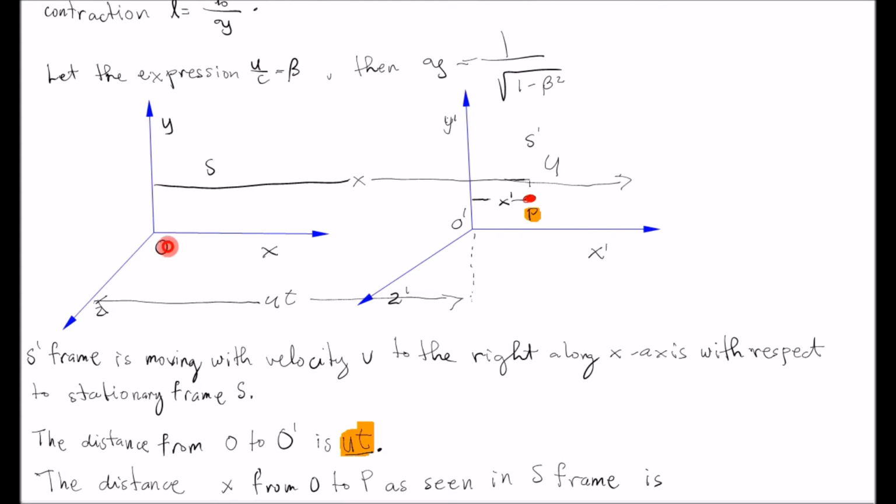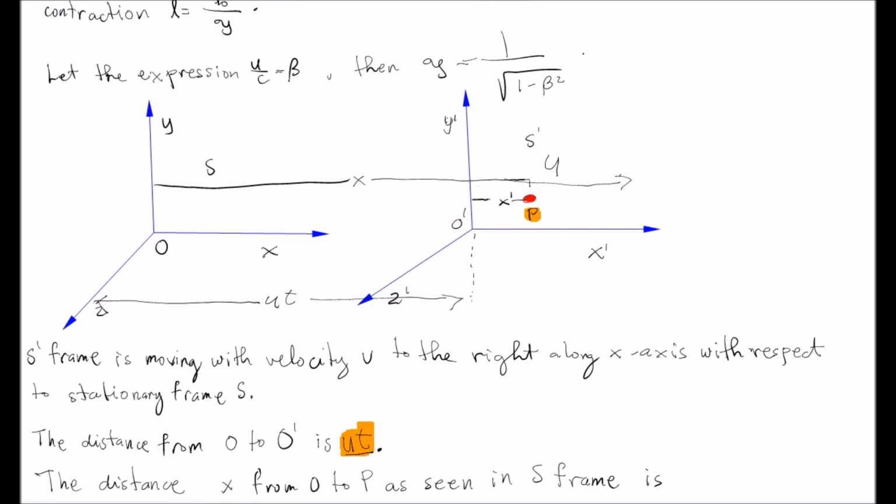So the S prime frame will move at the constant speed u to the right, along the x-axis with respect to the stationary frame, or S frame. The distance from the origin of the S frame, the rest frame, to the origin of the moving frame will be the distance moved by the S prime frame at a certain time t.